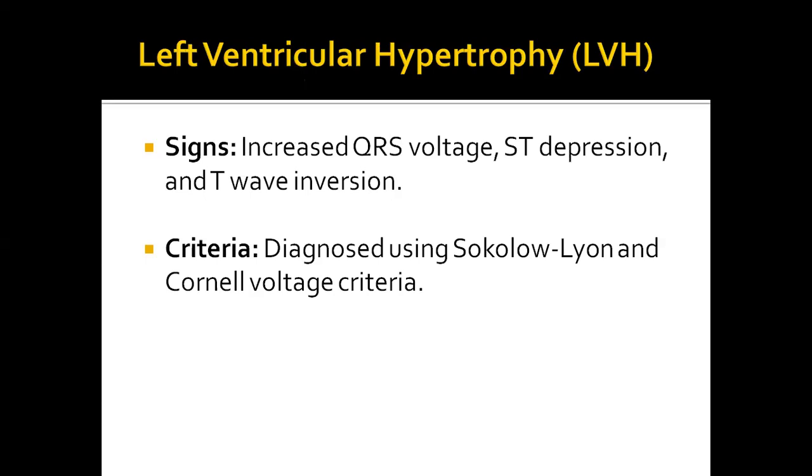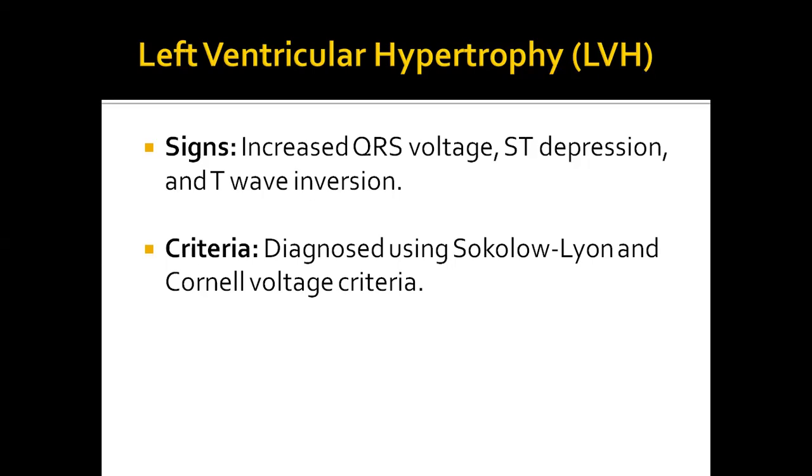Left ventricular hypertrophy, or LVH, is associated with chronic hypertension or aortic valve disease. Under ECG, we see increased QRS voltage, often measured using criteria such as the Sokolow-Lyon or Cornell voltage.